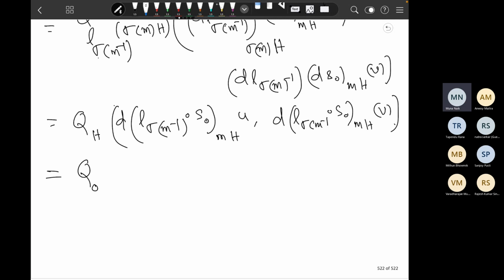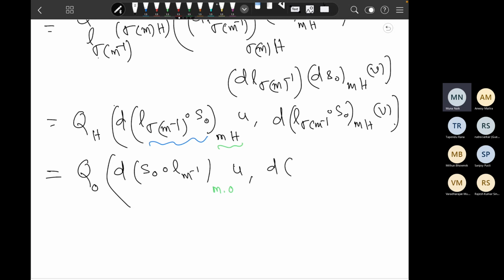So d of L sigma M inverse composition S0 is d of S0 composition LM inverse, and this MS is really M dot O. So I am writing this M dot O.